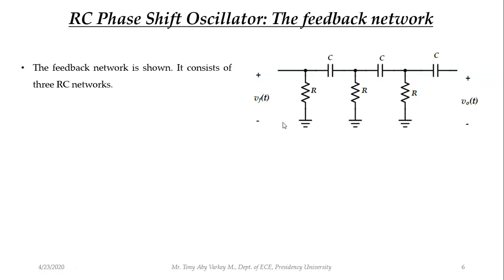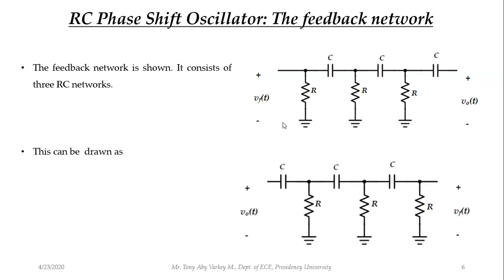I'm just going to draw it flipped, so that the output voltage comes this side and the feedback voltage comes this side. I'm drawing it because it becomes easy for me to analyze. So I have drawn it like this.